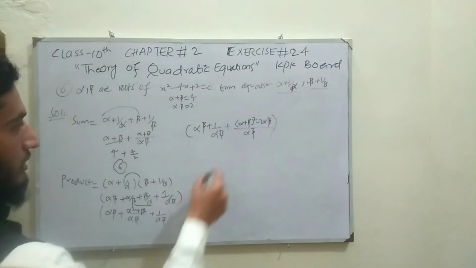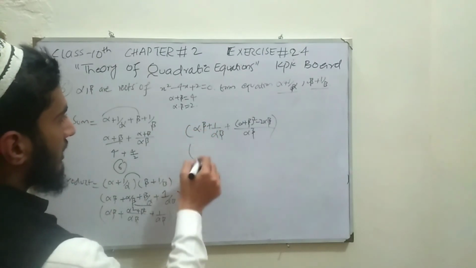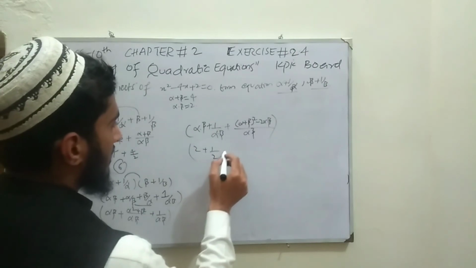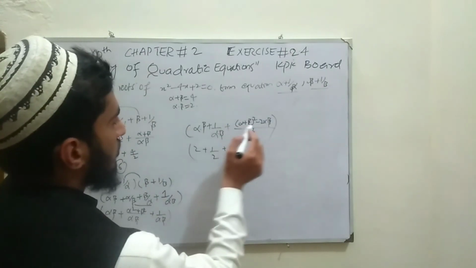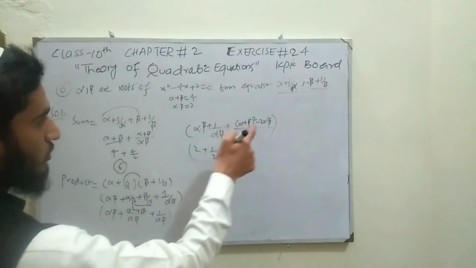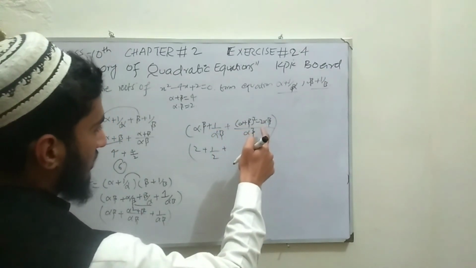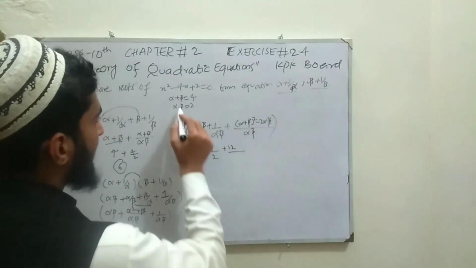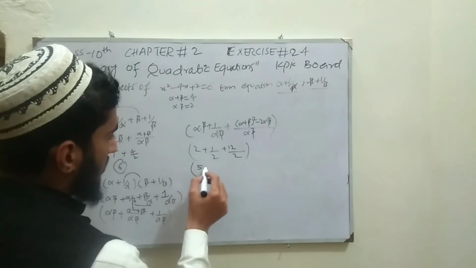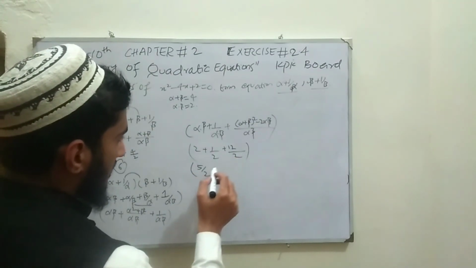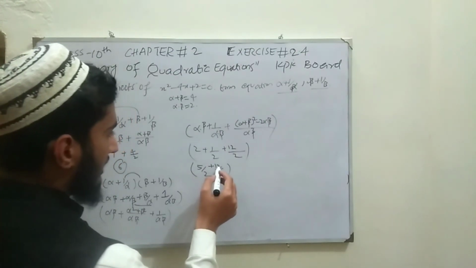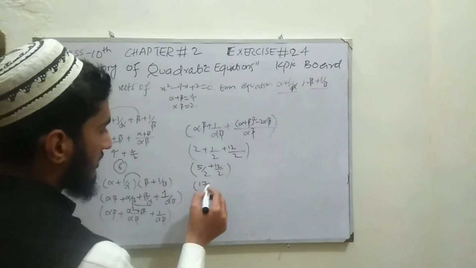Alpha dot beta is 2, plus 1 over alpha dot beta is 2, plus alpha plus beta is 4, so 4 square gives us 16, and minus 2 times of alpha dot beta is 2, so 2 multiply 2 gives us 4, and 16 minus 4 gives us just 12 divided by alpha beta is 2. 2 plus 1 over 2 gives us 5 over 2 plus 12 over 2 gives us 6, we can write as 12 over 2, taking LCM, so 5 plus 12 gives us 17 over 2. This is the product of root.